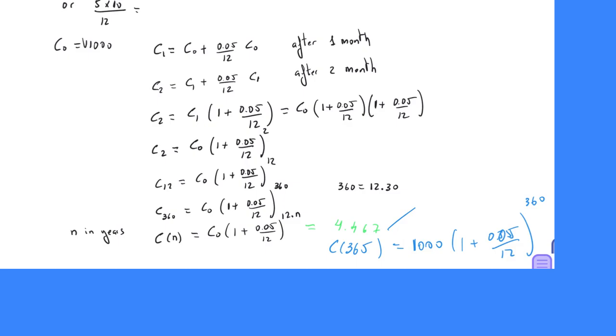So it's not worth it. It's not worth it because, yeah, it's more or less the same. You multiplied by 4 the amount of money. You had 1,000 and you transformed it into $4,000 after 30 years. With the car, you bought a car for 5,000 and now this car is maybe 50,000. So it's more or less the inflation.